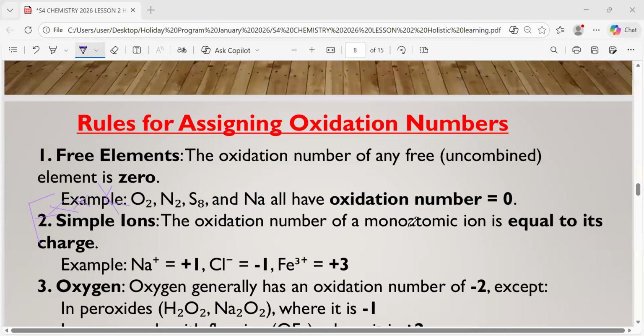Sodium thiosulfate and hydrochloric acid. Now, this is where we get what? What are our products?